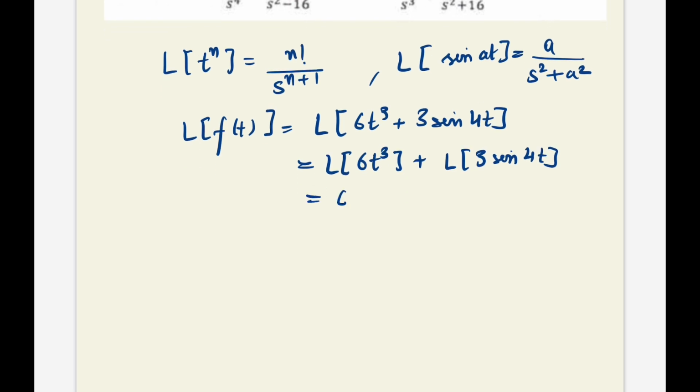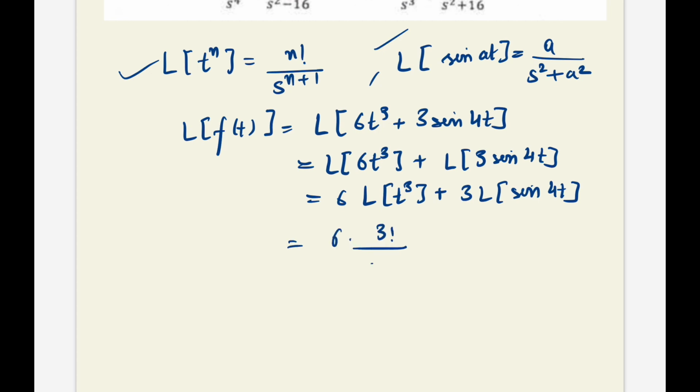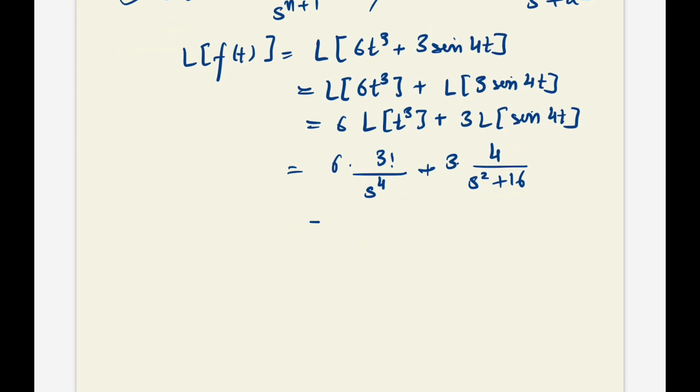This becomes 6 times Laplace transform of t cube plus 3 L of sine 4t. Now by using these formulas of Laplace transform, we get 6 multiplied by 3 factorial over s to the power 4 plus 3 multiplied by 4 over s square plus 16. This becomes 36 over s to the power 4 plus 12 over s square plus 16.